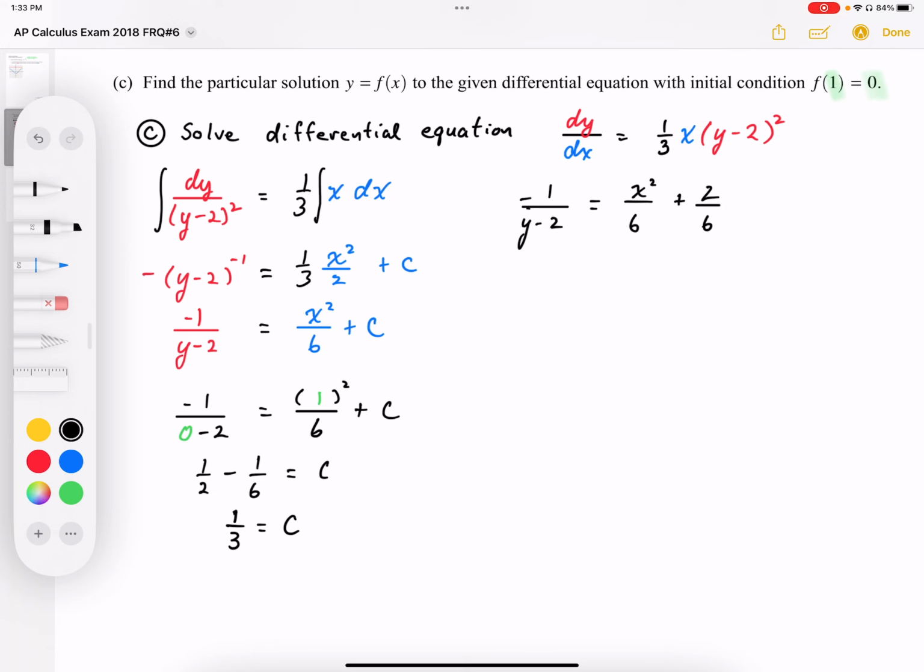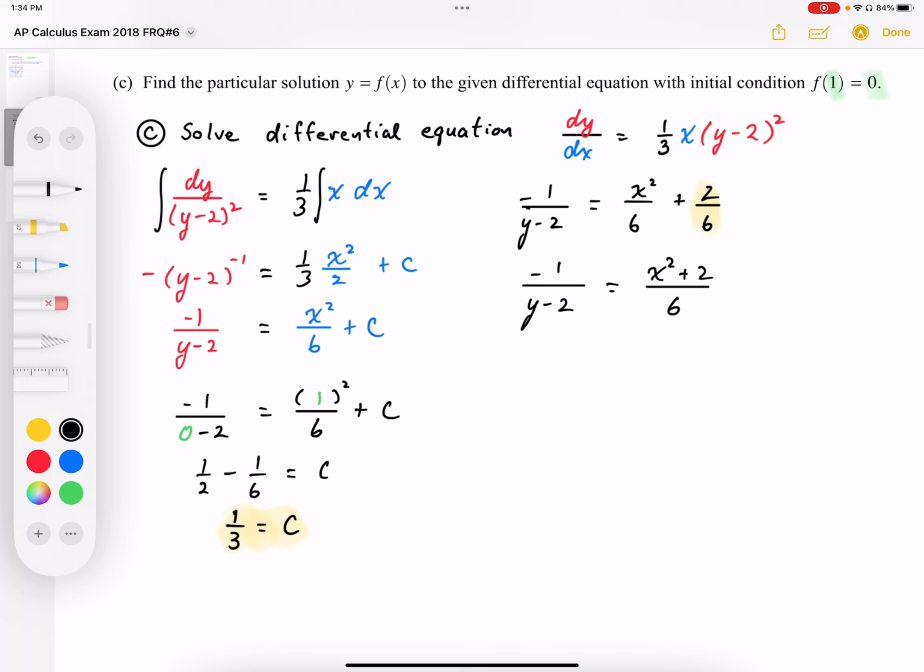I'm just going to highlight that so you can see where that plus c came from. This is my plus c here. It's just expressed as 2 over 6. So -1 over y minus 2 is equal to x squared plus 2 over 6.